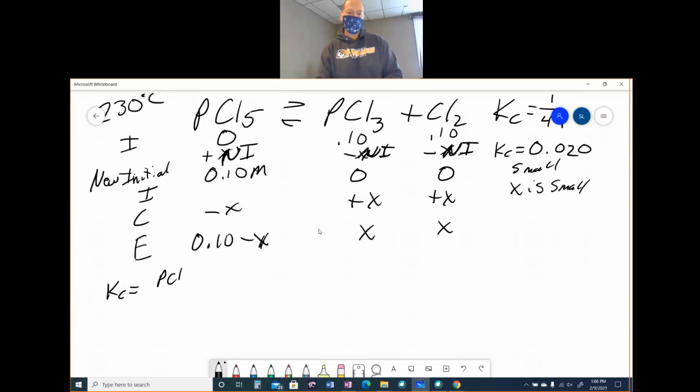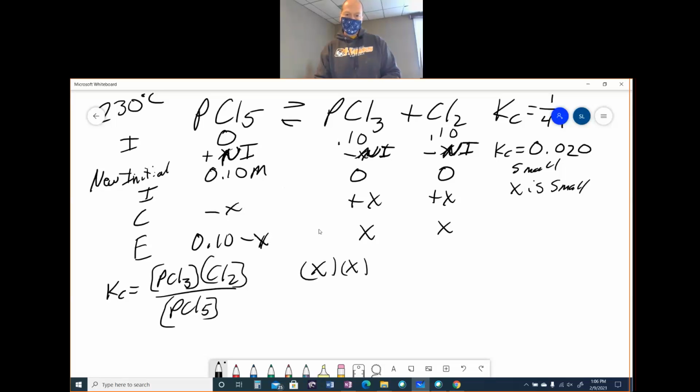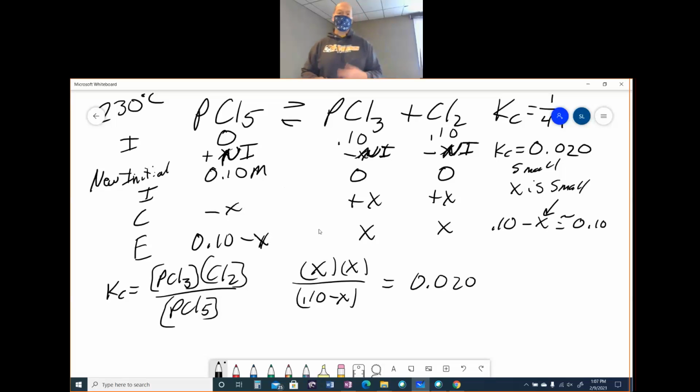It is PCl3, it is Cl2, it is PCl5, and now I put in my concentrations at equilibrium, which are X, X, 0.1 minus X, and that's equal to 0.020. And so here I will say 0.10 minus X, which is very small, is going to be about 0.10.